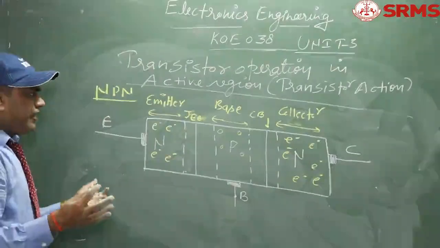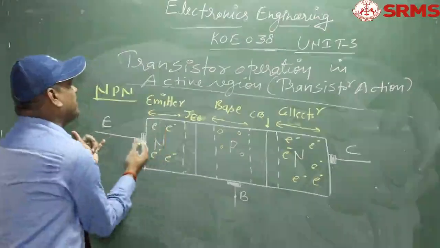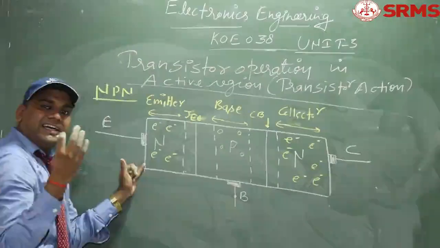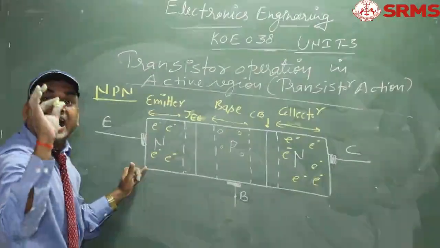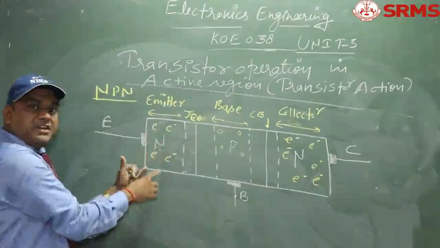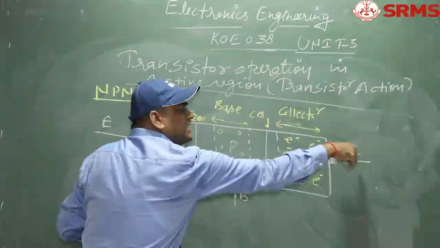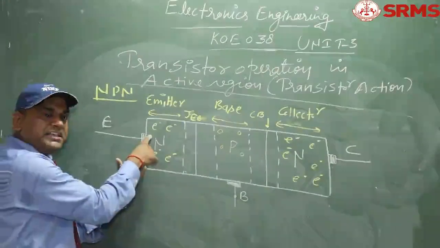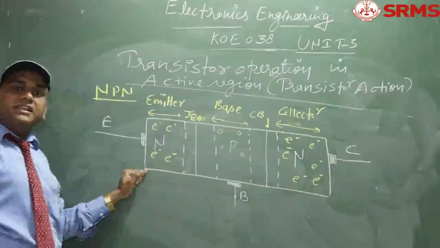And also, if you are not able to retain this concept in your mind, there is a very simple way. Basically the collector has to collect the charge carriers. So the collector terminal has to attract the electrons of the emitter. So how is the attraction possible at the collector terminal? If you want to attract the electrons of the emitter towards this terminal, you have to apply a positive voltage at the collector terminal.